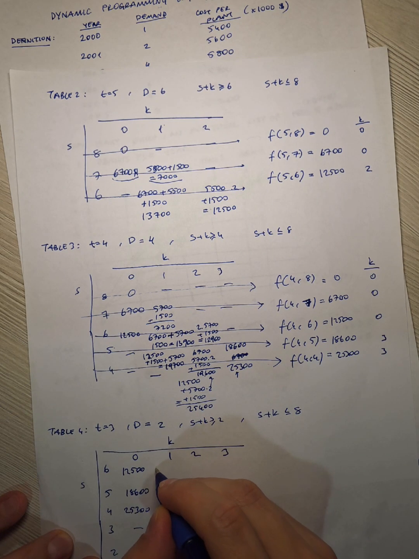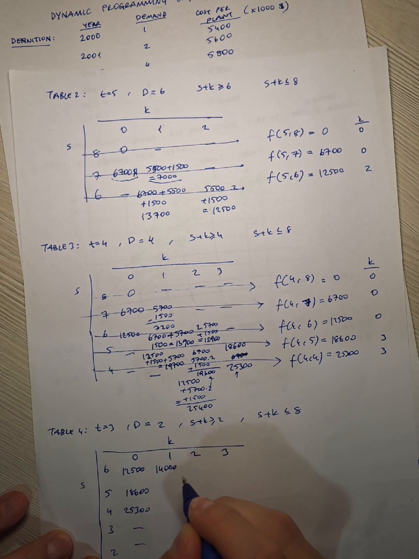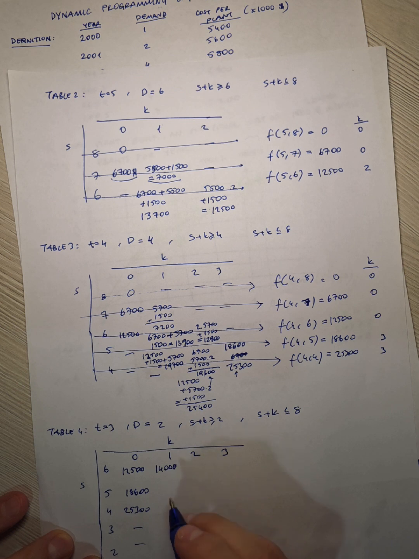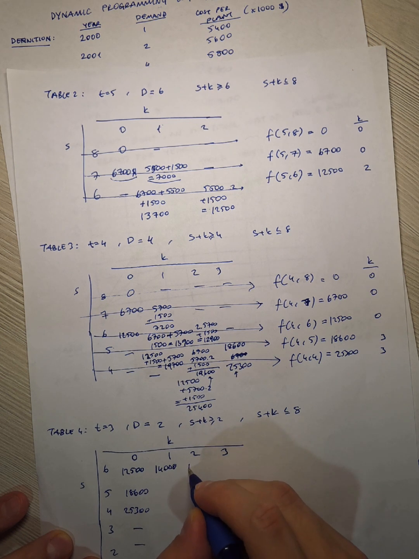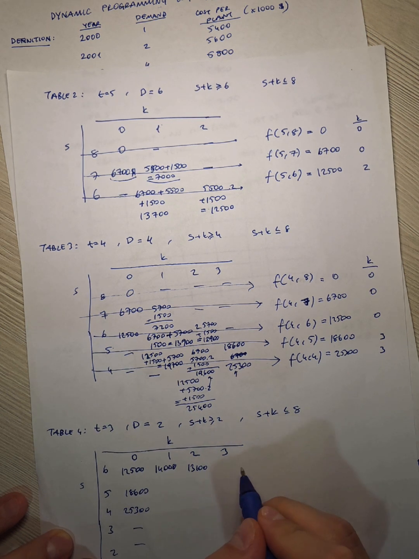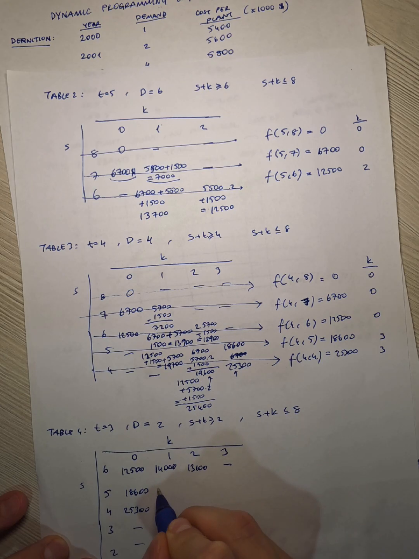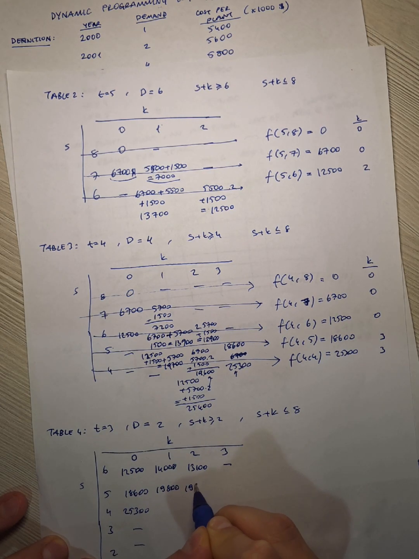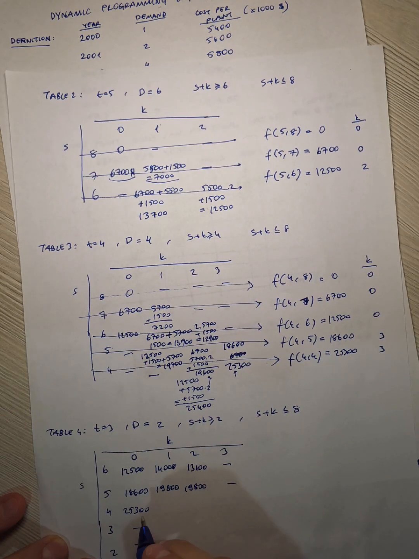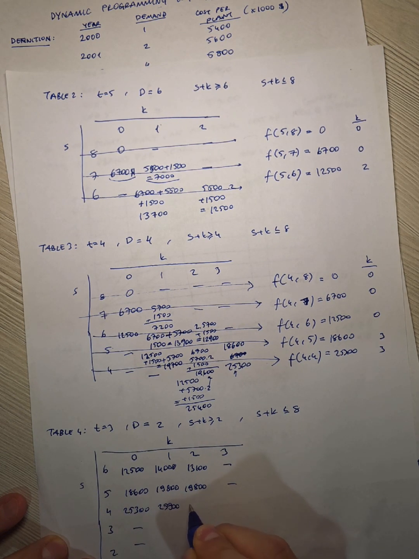So if you put one new plant, it is 14,000. And if you put 2, it is 13,100. Okay, I already calculated these values. $25,600.